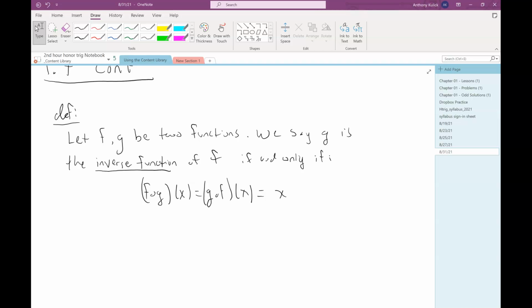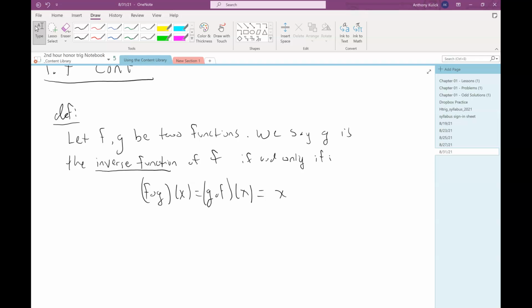Basically what this is saying is that if I take some input x, and then I do f to that input, get an answer, and then do g to that answer, I should get back the original input. Or if I do the reverse order, where I do g to the original input, take that answer, and then do f to the answer, again, I should get back the original input.